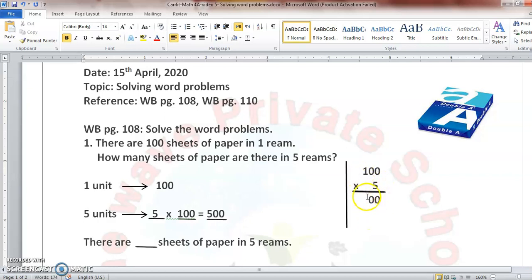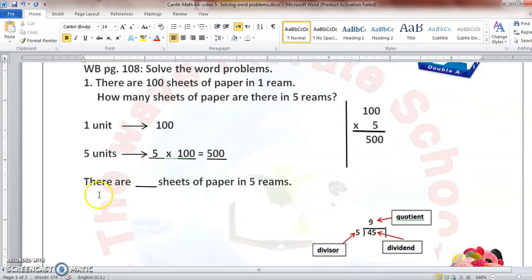And 5 times 1, the answer is 5. So 100 times 5 equals 500. So there are 500 sheets of paper in 5 rings.